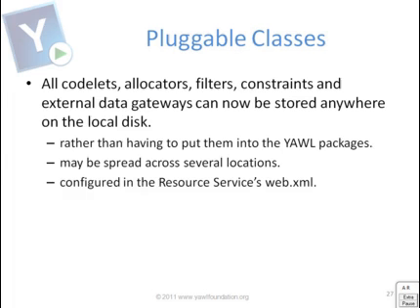Now you can store them anywhere on the local disk, and then in WebXML put that path in. And that can be in several places across the disk as well. So that when, for example, in the editor, you go to the codelet selection screen, it will get codelets from all of those places on the machine that's running Tomcat and pass all of them back. So no longer do people have to copy them in and out of the YAWL packages.